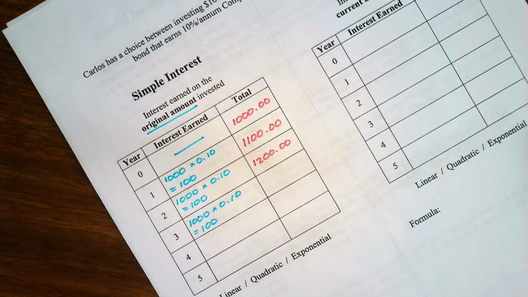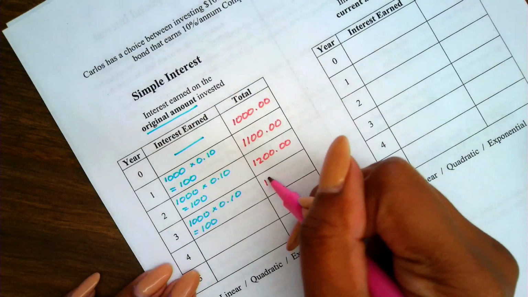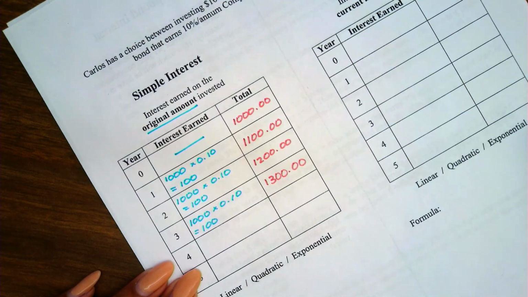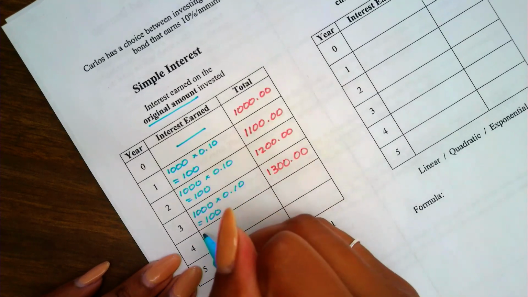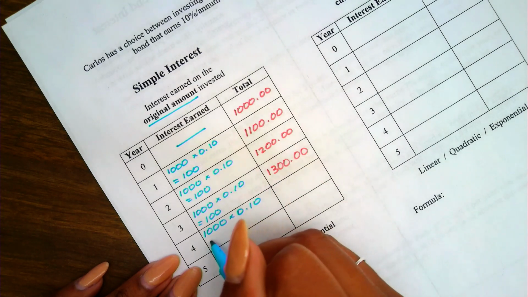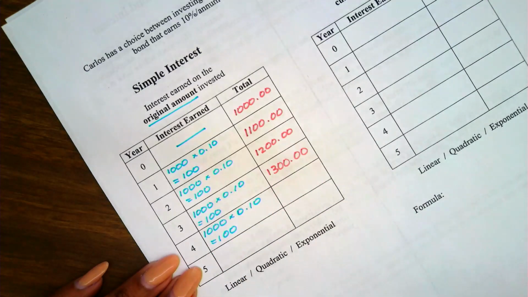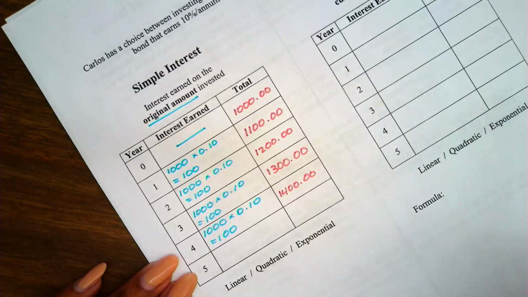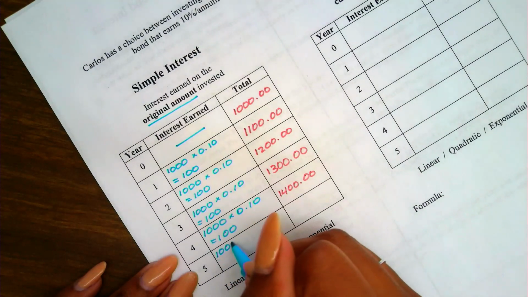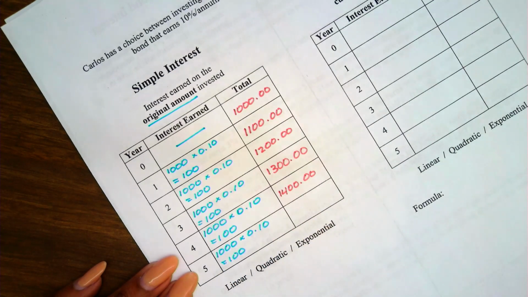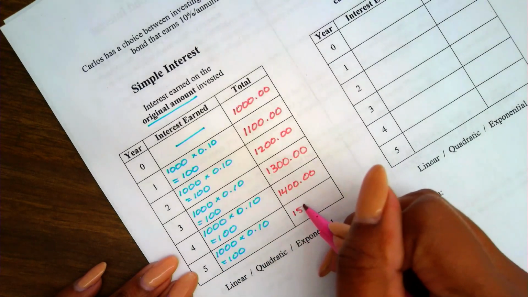You can probably see a pattern here. I'm going to increase by $100 again. I'm now at $1,300. Year 4, I earn interest again on my original amount, another $100, and now I'm at $1,400. And year 5, same thing. I earn 10% interest on my original amount, and now I'm at $1,500.